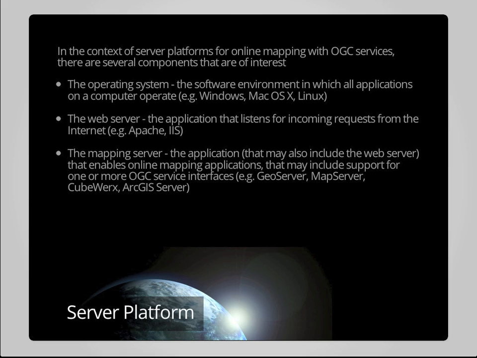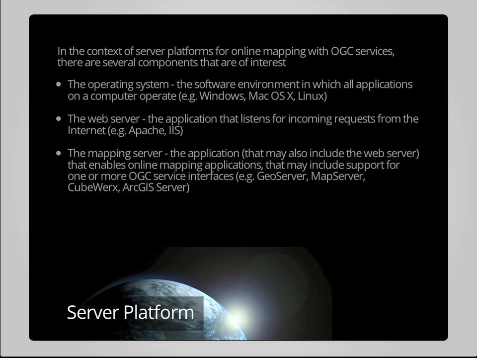Then sitting behind that web server, you will then typically find the mapping server, where that mapping server provides the specific geospatial data access, processing, and visualization capabilities that comprise the mapping capabilities that you are publishing over the internet.